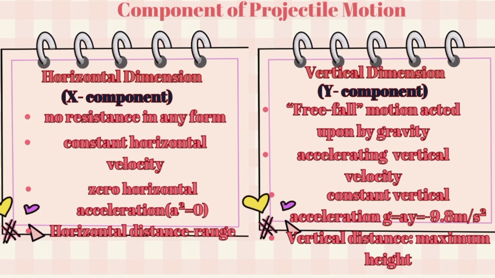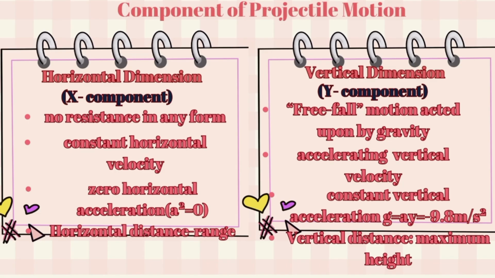The horizontal dimension describes the motion of the projectile along the x-axis, while the vertical dimension describes the motion of the projectile along the y-axis. The horizontal motion of the projectile is independent of its vertical motion.